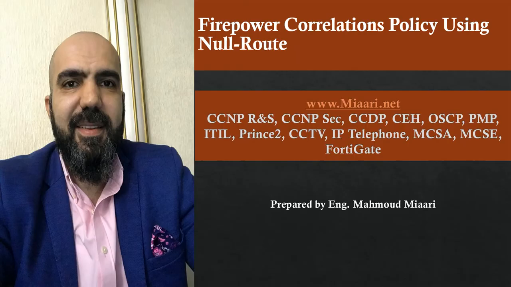Today I just want to focus on one policy, a correlation policy using the null route. What is the story with the null route? Cisco told you that you can block traffic for several types. We will see it in a while, but here you will send this traffic to a null route. You need for this an IOS from Cisco 12.0 and above, the software version, I mean.